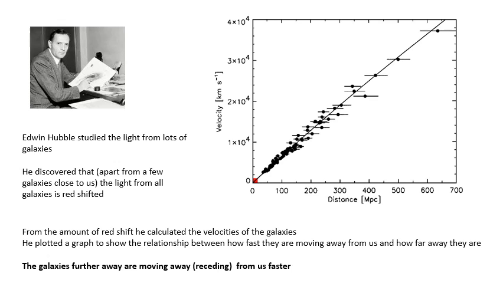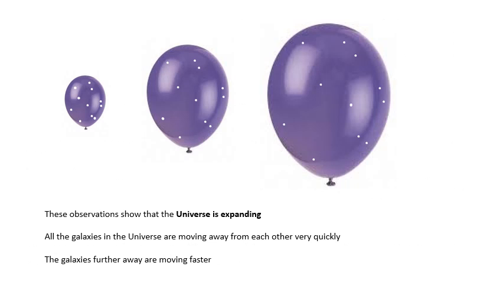And this tells us something very, very important about the universe. Look at these balloons. This balloon is expanding. So this balloon represents the universe, and the little white dots on it represent galaxies. Now, as the universe expands, notice that all of the galaxies are moving away from each other. So Hubble's observations show that the universe is expanding.